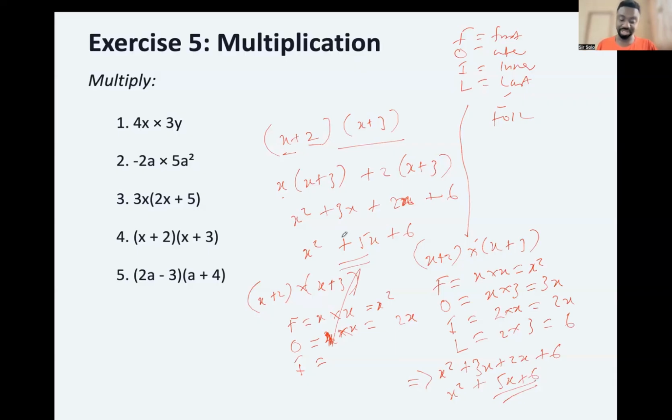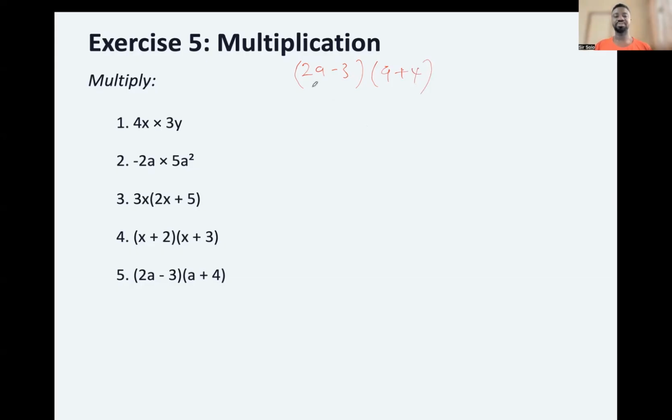So how do we solve this? There are two terms.